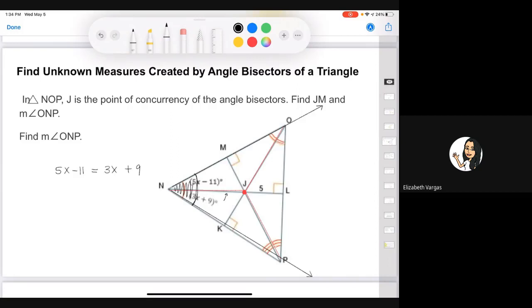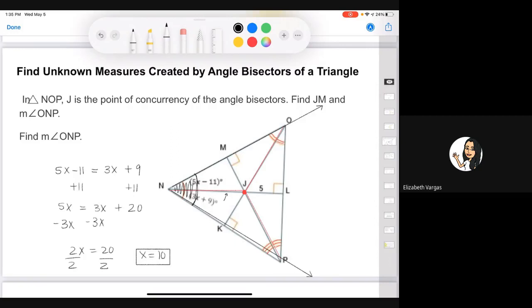I can solve for x by plugging it into my calculator, or I can do it algebraically. 5x equals 3x plus 20, minus 3x on both sides. 2x equals 20, divided by 2 on both sides. x is equal to 10. Okay, that's how you do it algebraically, but again, you could plug it into your calculator and solve it.